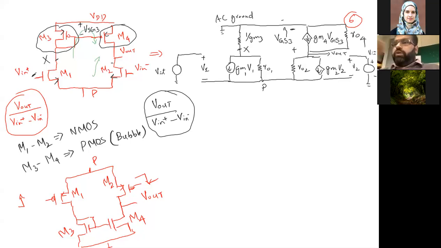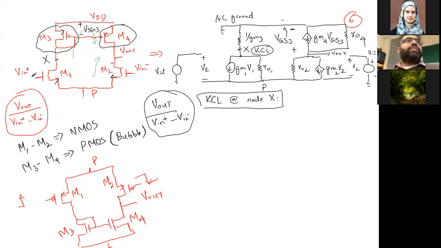If we want to see this node, which is X, okay? So if we want to write the KCL here, okay? So at this node X, let's write the KCL. KCL at node X. If we want to write the KCL at node X, what's going to be?